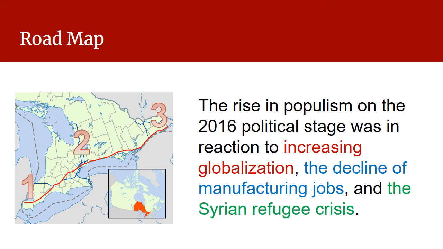The writer is going to write about 3 different topics as they describe their paper. We expect that the first topic will be about increasing globalization. We expect that the second topic will be the decline of manufacturing jobs in the United States. And the third will be the Syrian refugee crisis and its impact on the US.